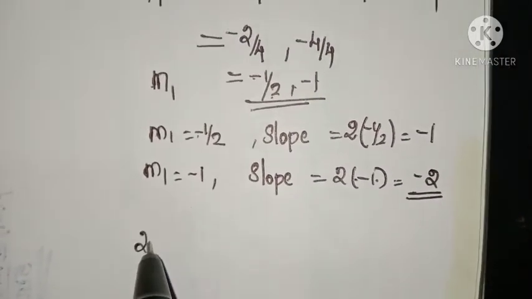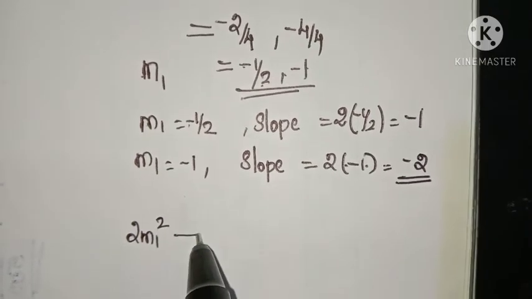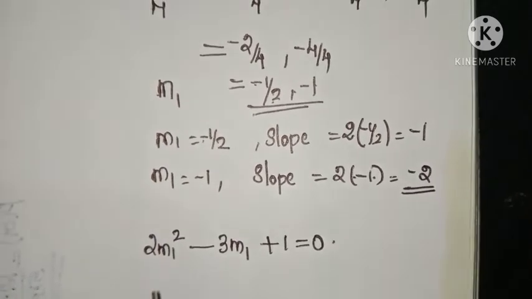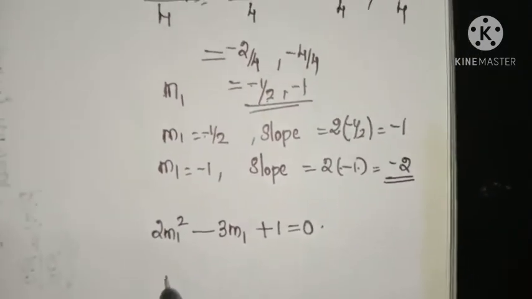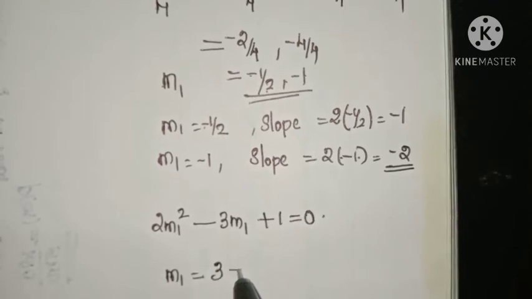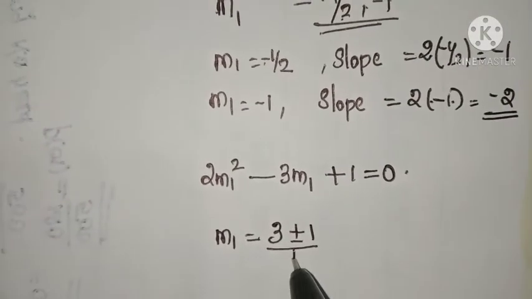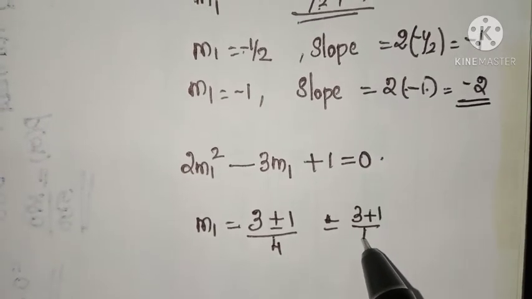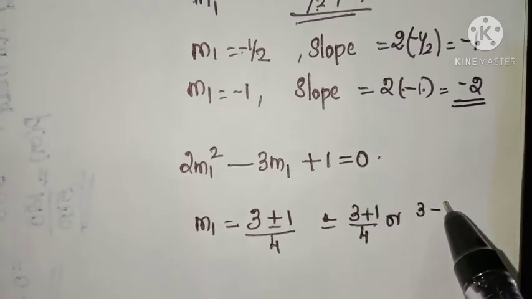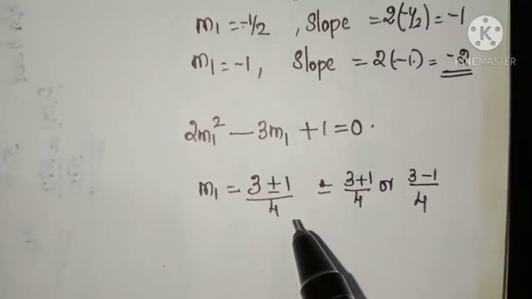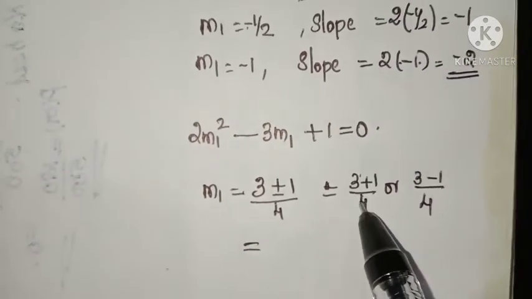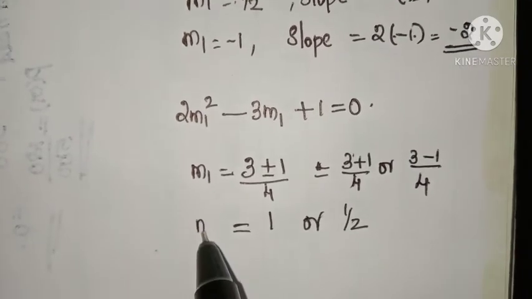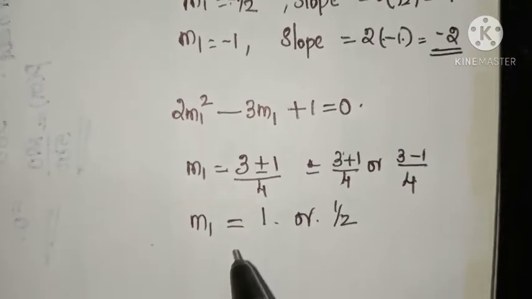Now see the quadratic equation 2m1 square minus 3m1 plus 1 equal to 0. Here we can see that the value of m1 is 3 plus or minus 1 by 4. That is 3 plus 1 by 4 or 3 minus 1 by 4. Okay. So this is 4 by 4, 1. 2 by 4, 1 by 2. Values of m1 are 1 or 1 by 2.